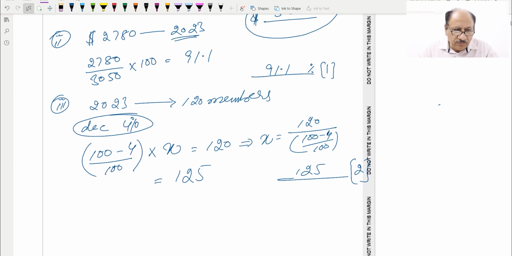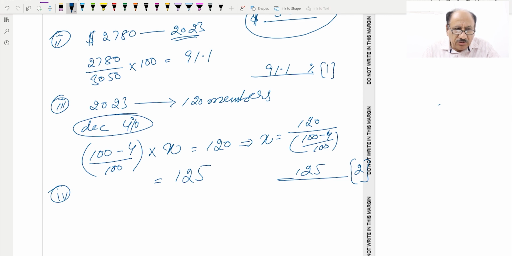Now the fourth part. In 2024, the total number of members increased from 120 members in 2023. The number of adult members and the number of child members each increased by the same number.